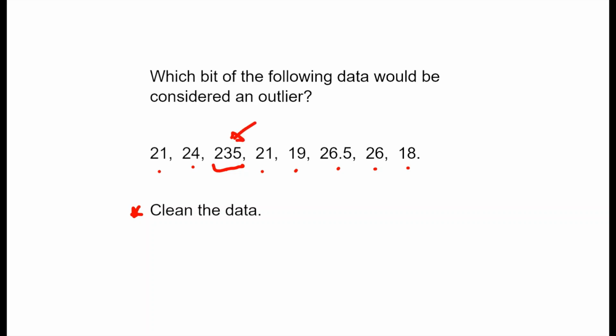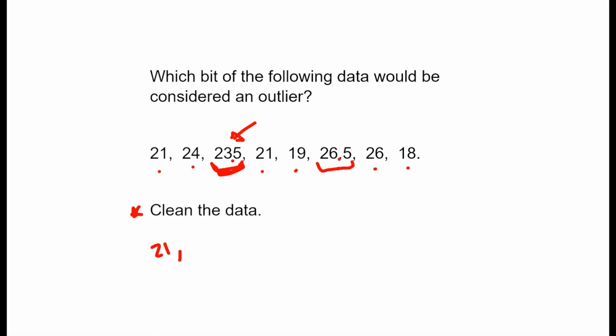But looking at the other data, we notice that 26.5, we have a point in there. So clearly we can, with our data, go into points, which leads us to think that the 235 should actually be 23.5. So if we were to clean this data, we could either remove that value or correct it.